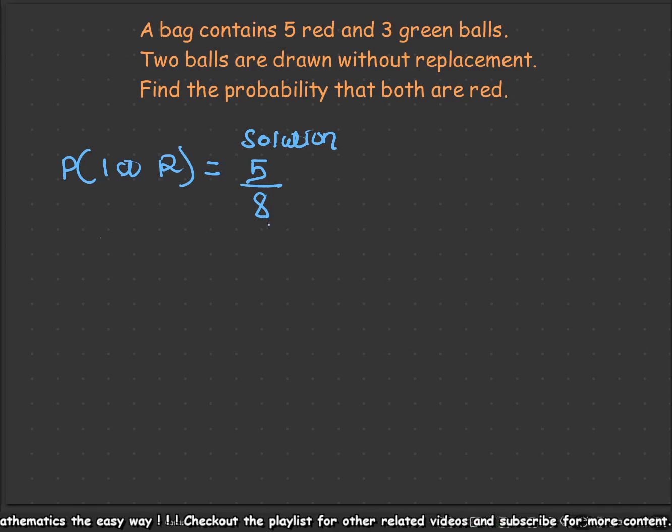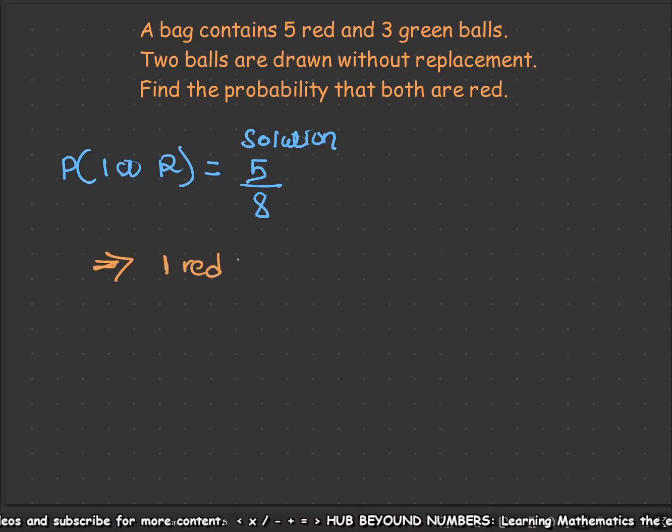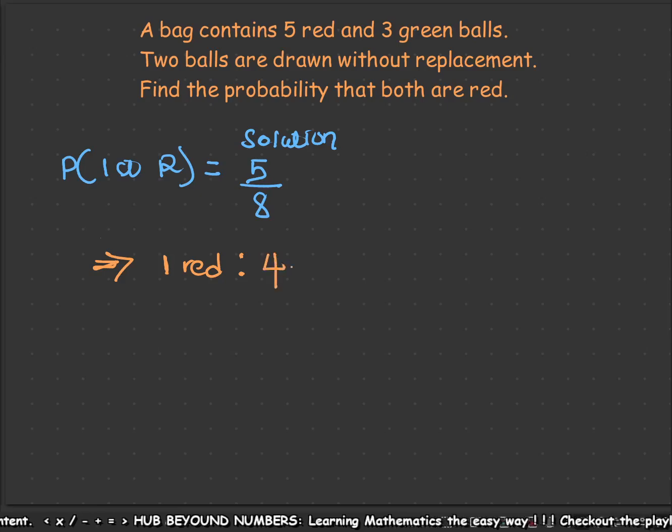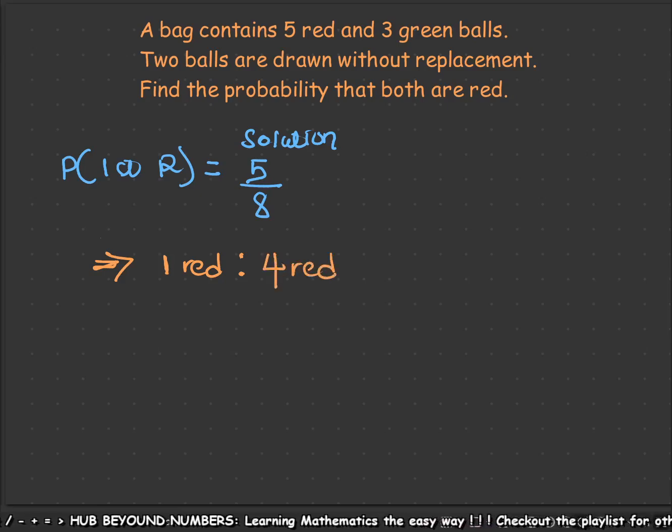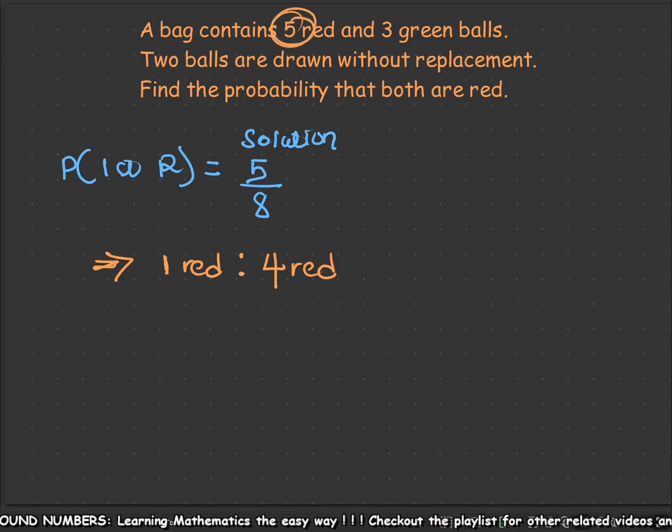Now take note that after we remove our first red ball, it means we have picked one red, and there will be just 4 red balls left. Why 4? Because there were just 5 red balls and we have picked one.